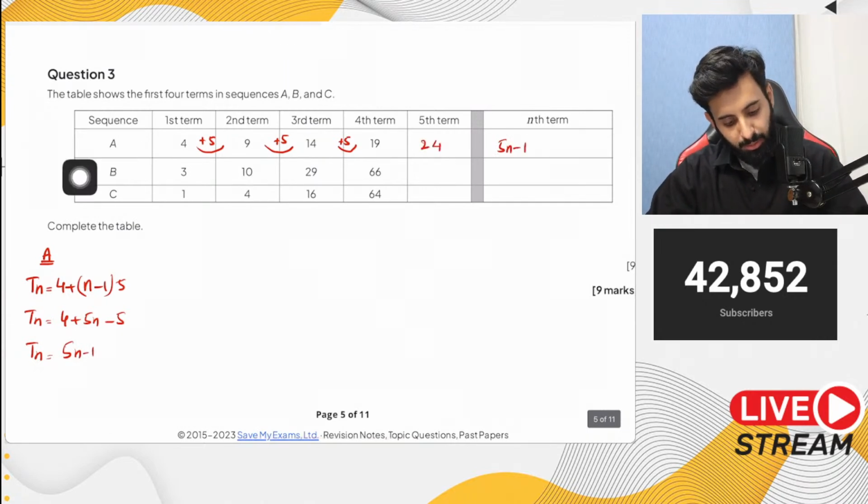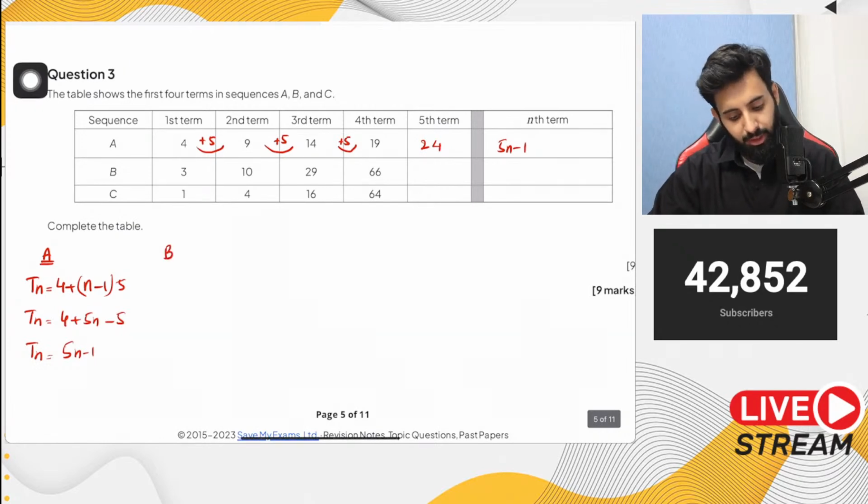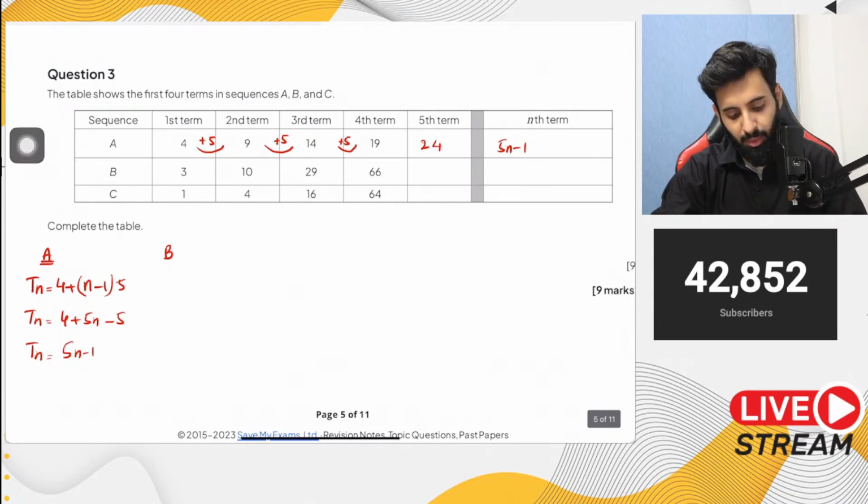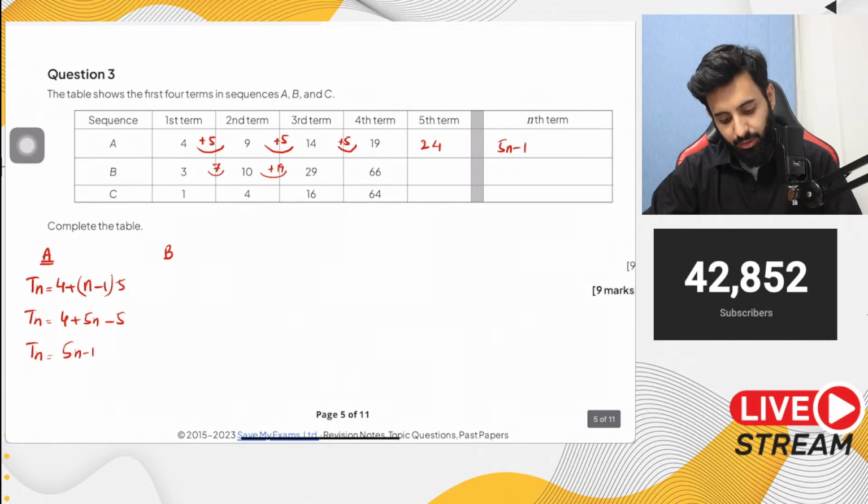Okay, now let's talk about b. So in b, here's what we're doing. How do you go from 3 to 10? You can go from 3 to 10 by adding 7. Okay. And then you go from 10 to 29 by adding 19, and then you can go from 29 to 66 by adding, let's see, 66 minus 29, by adding 37.